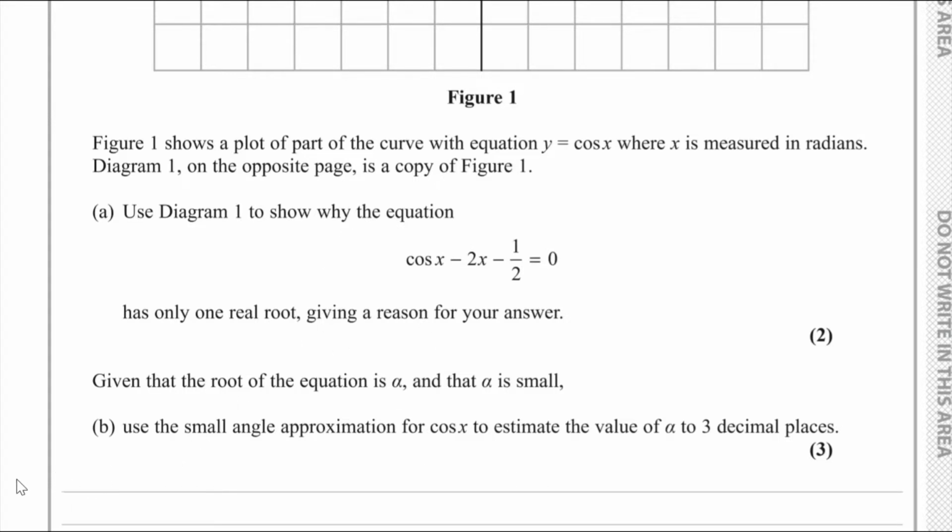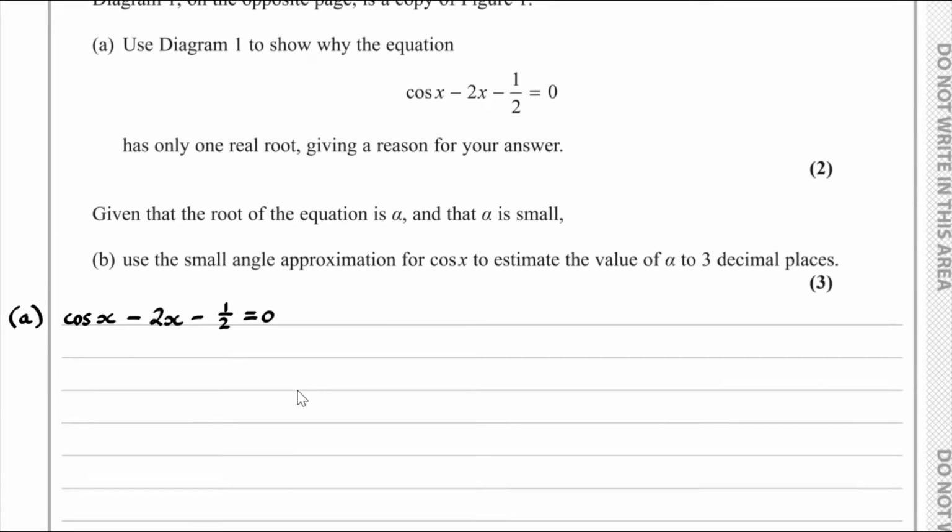So for part a, we begin with cos x minus 2x minus 1/2 equals 0. And if we take this minus 2x minus 1/2 to the other side, we have cos x equals 2x plus 1/2.